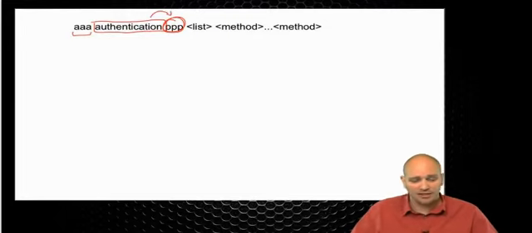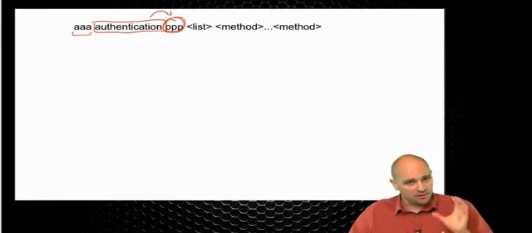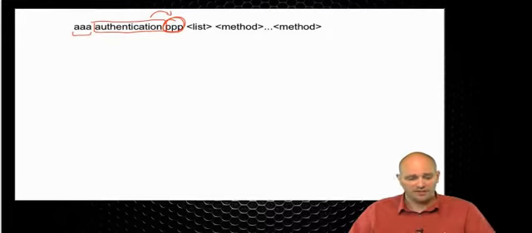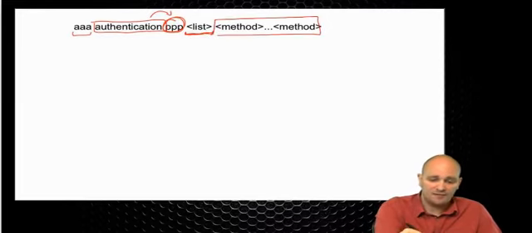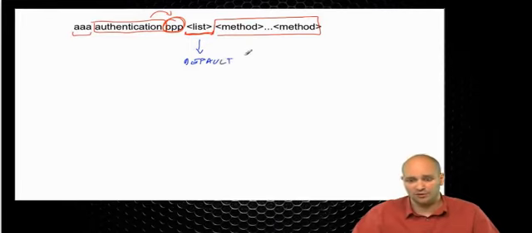In this case, we are telling the IOS, okay, this configuration is for PPP service on interfaces that have specified that they want to use this list of authentication methods. The default list name is, of course, default. And if you don't specify anything else on the interface, this is what ends up being used.